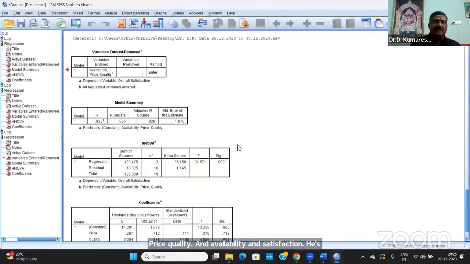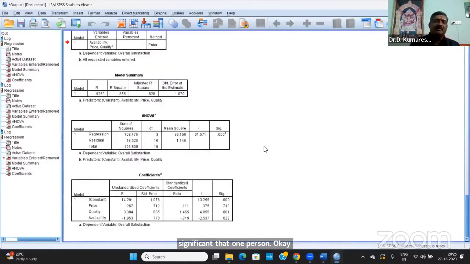Okay. Now we come to the individual influence or individual impact. This is also given to make you aware of different situations. Don't think logically.